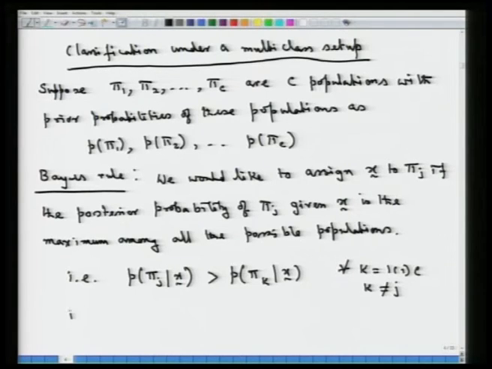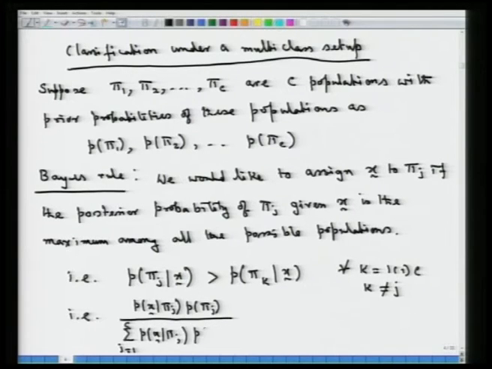Now, this can be written alternatively in the following form, using Bayes theorem. What we can write straight away is the probability of x given pi j, multiplied by the probability of pi j, divided by the summation over j equal to 1 up to c of p x given pi j, these are multivariate observations, multiplied by p pi j.